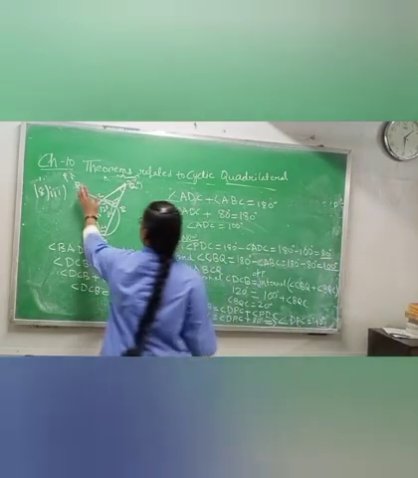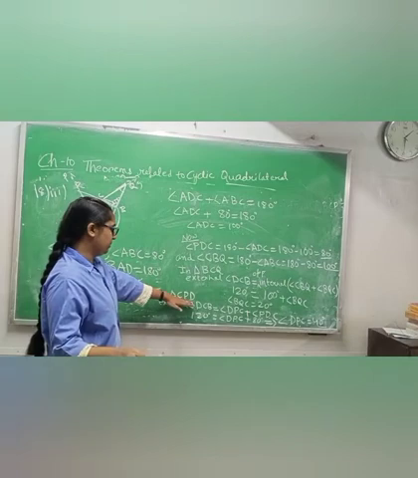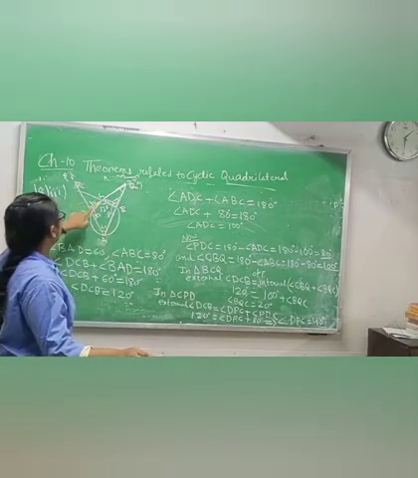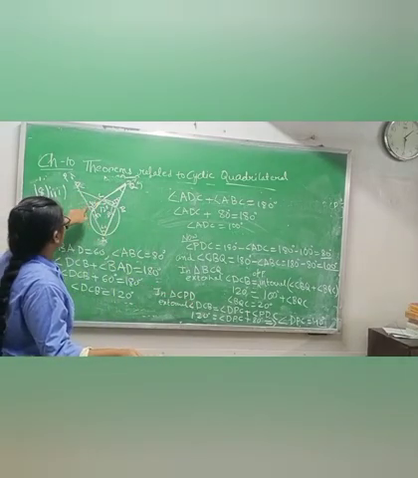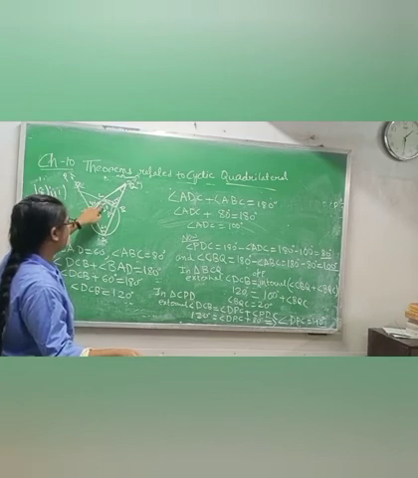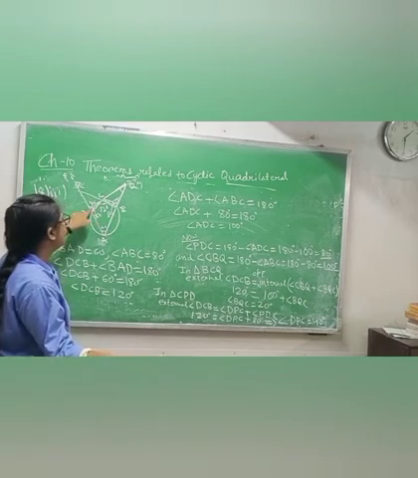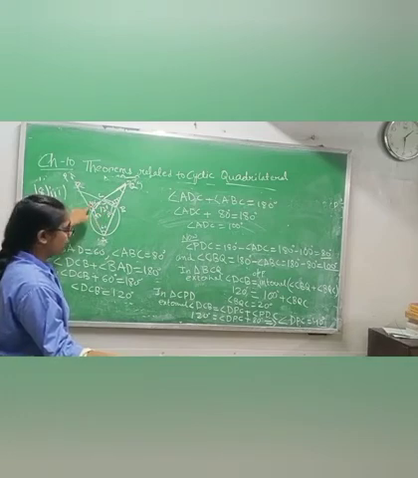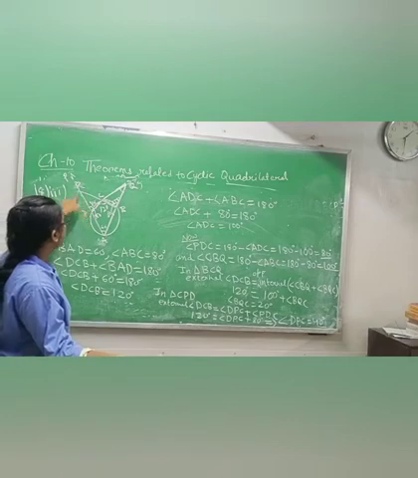Same thing we will do in this triangle also. Triangle name is CPD. In this one the external angle is 120, and this one is an internal angle which is 80. So 120 minus 80 you will get DPC.